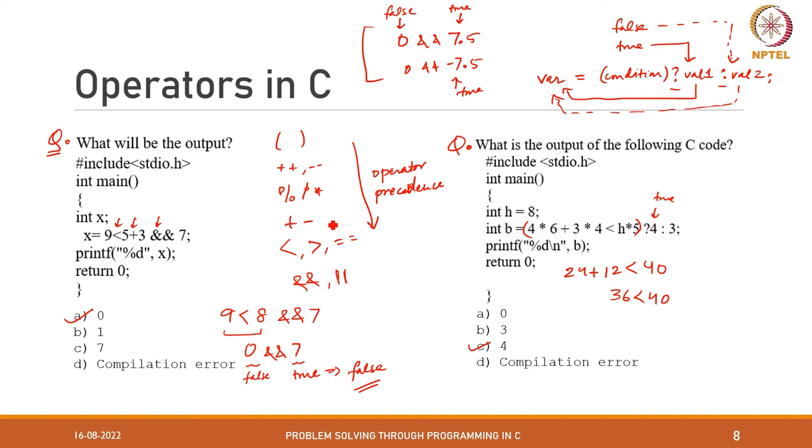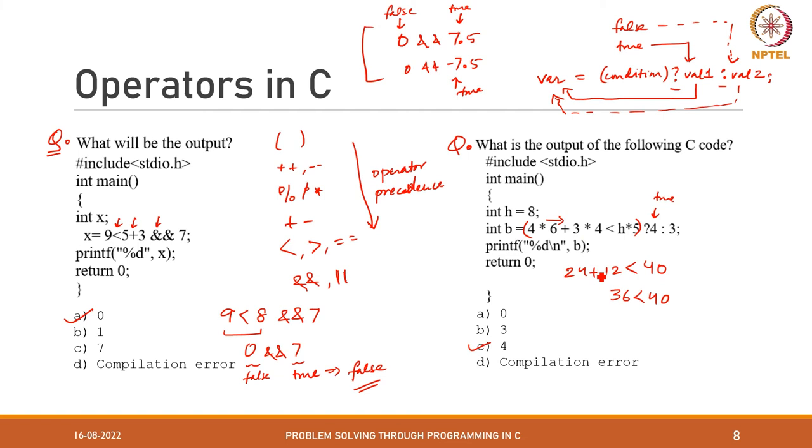So first we will evaluate all multiplication operations, from left to right, because the associativity says that we have to go from left to right. So first 4 into 6, that will be 24, then 3 into 4, that will be 12, and h into 5, h is 8, so this will be 40. So your expression will come down to 24 plus 12 is less than 40.